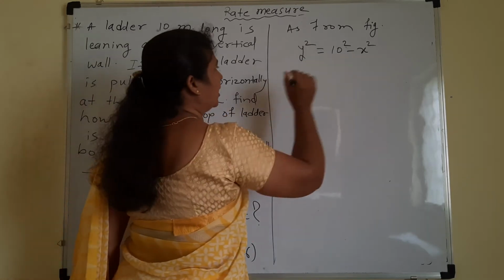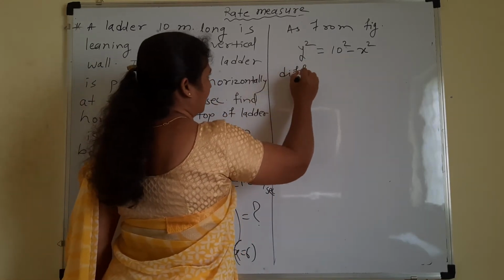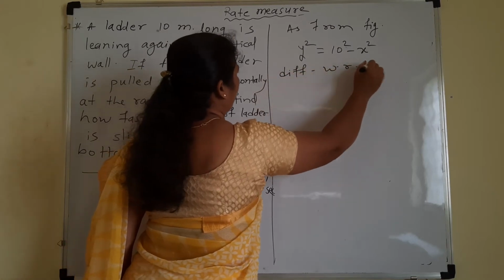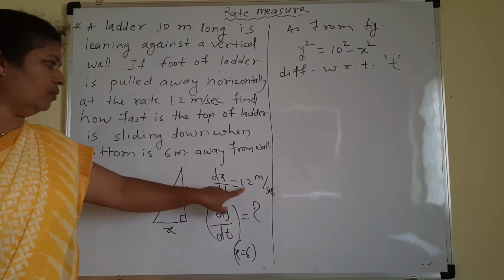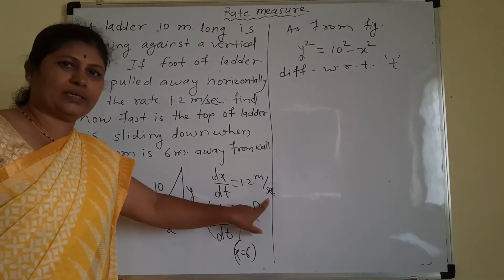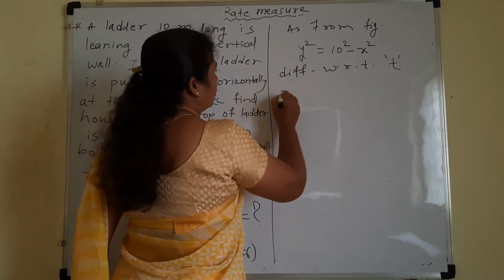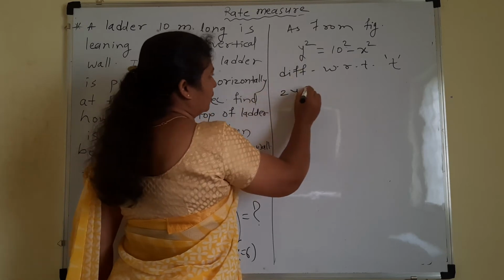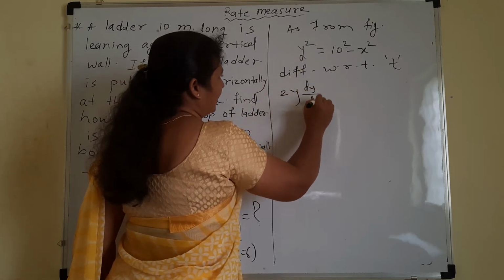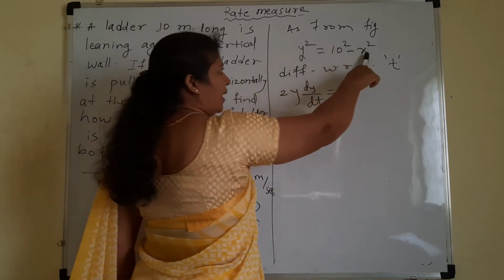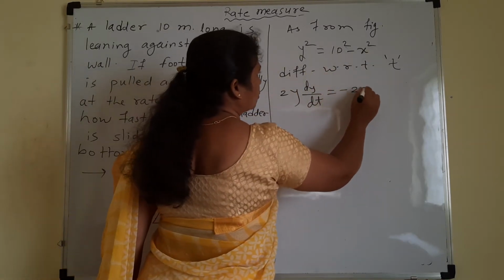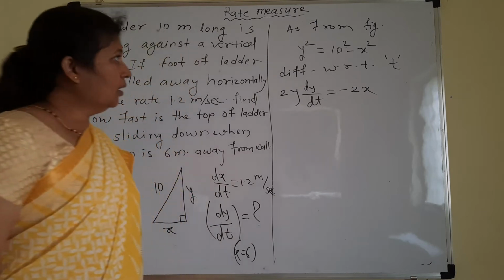So we will differentiate this with respect to time. Why with respect to time? Because look here, it is 1.2 meter per second. Second means time. So here 2y, derivative of y square, 2y dy by dt is equal to 10 square is constant. Derivative of minus x square is minus 2 times x.